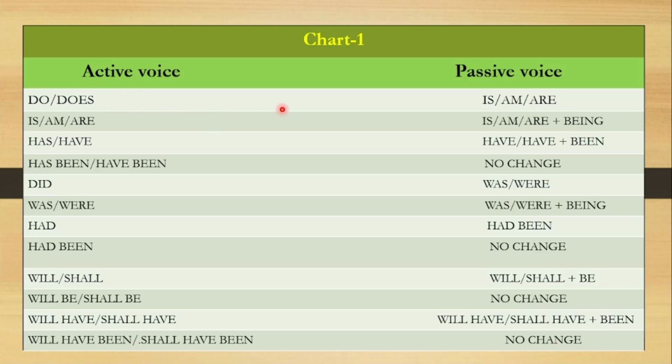Does and do will be changed into is, am, are, and is, am, are will be changed into is, am, are plus being. Has, have: has been, have been. Did: was, were plus being.